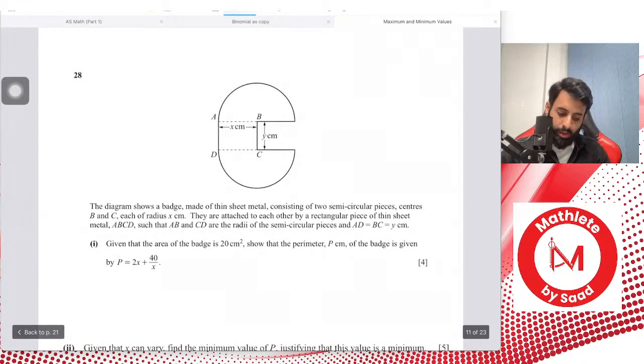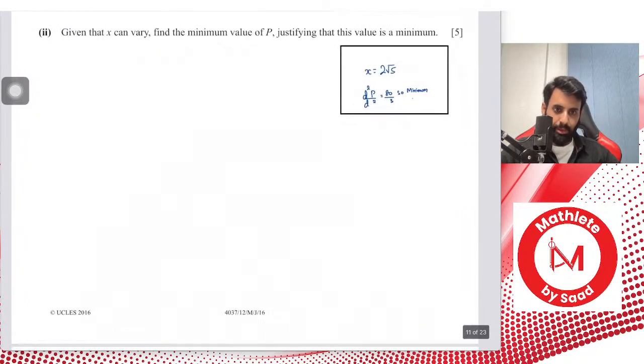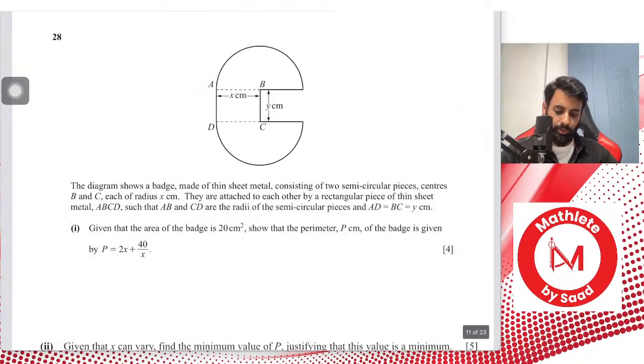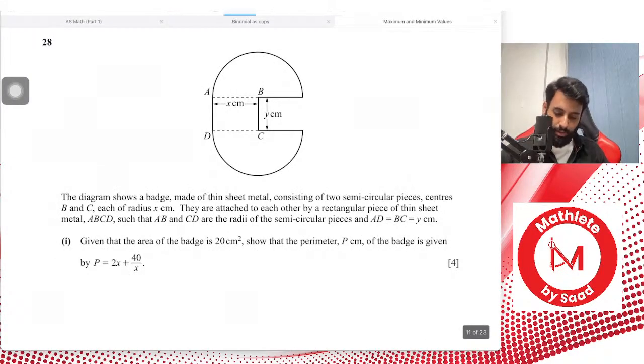So this is a question from May, June 2016, paper 12. Not that recent, but not that old either. It says the diagram shows a badge made of thin sheet metal consisting of two semicircular pieces, centers B and C, each of radius x centimeters.